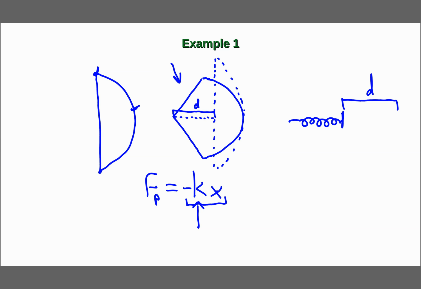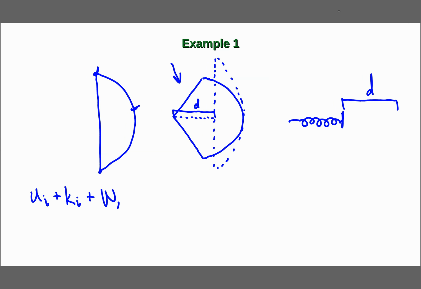So I draw the string back this distance d, and then I use conservation of mechanical energy, okay? So I say Ui plus Ki plus Wnc equals Uf plus Kf.